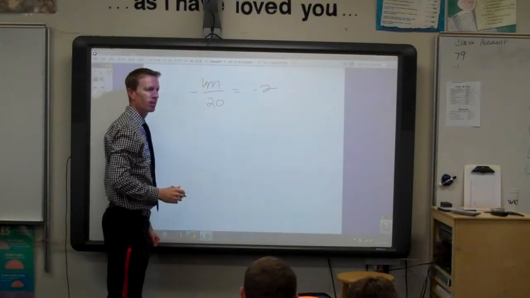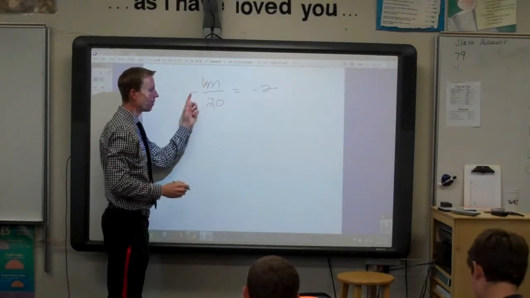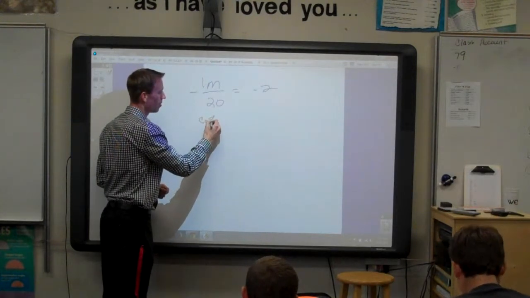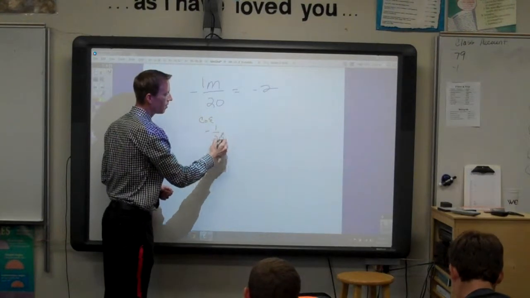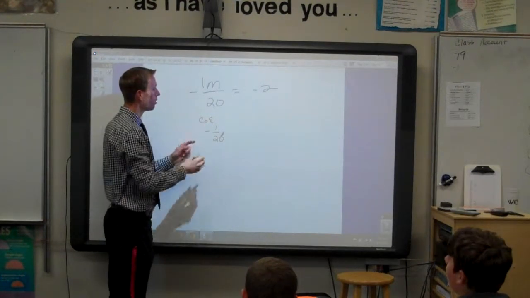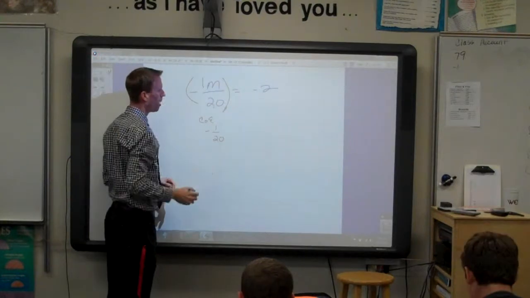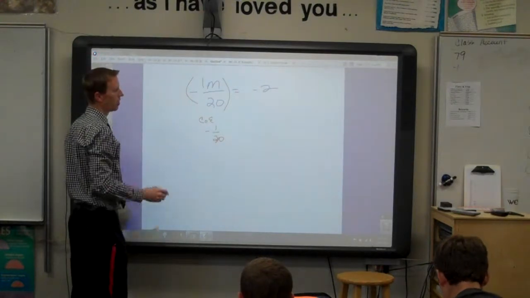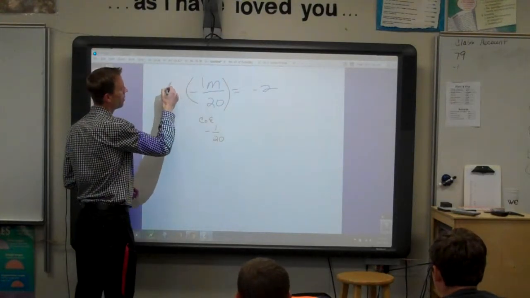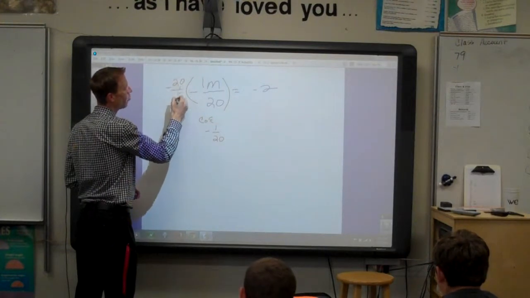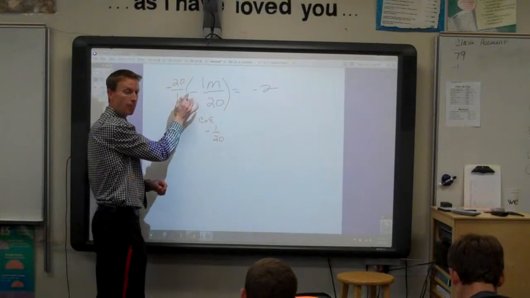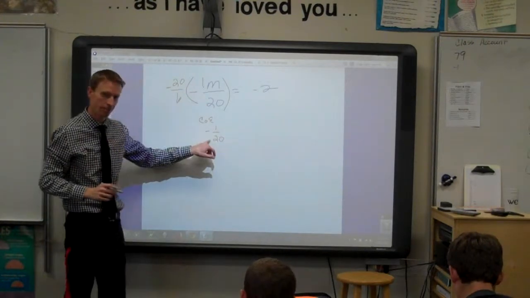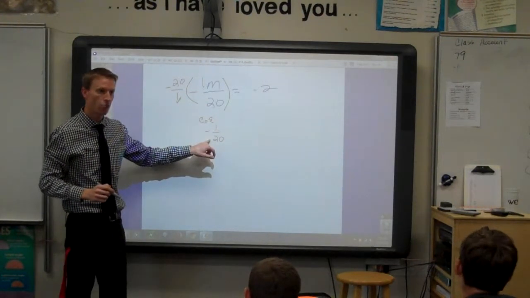This is a 1m, so the coefficient is negative 1/20. We need to multiply this by the reciprocal of the coefficient, negative 20 over 1. We have to multiply by a negative because the coefficient is negative.